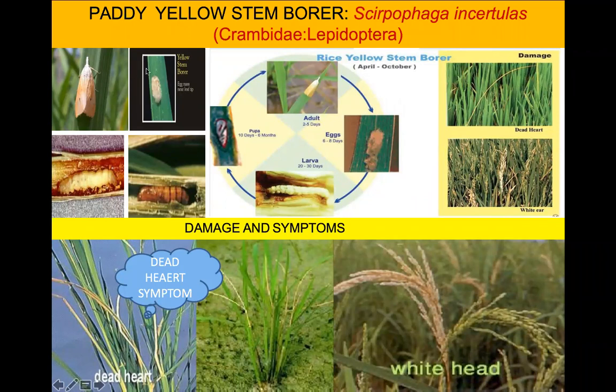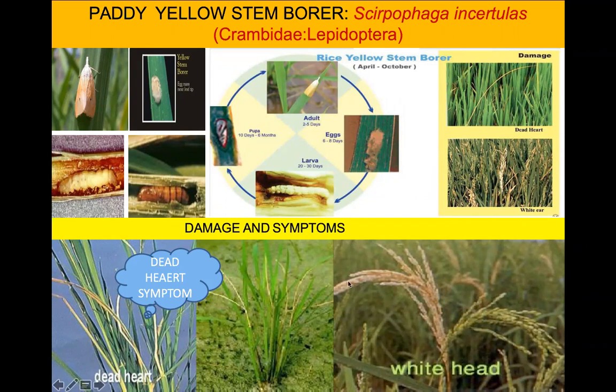It lays eggs in a group covered with buff colored hair, and then the larva emerges and bores a hole inside the stem. This causes extensive damage to the rice, where you can see the drying of the central shoot in this picture. This is called dead heart, which can be easily pulled out.